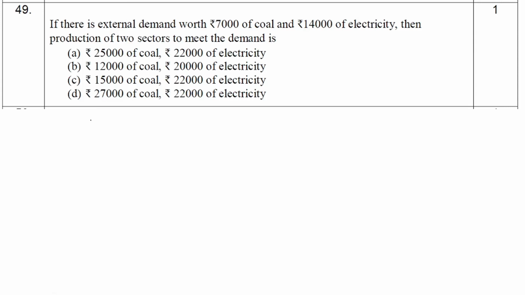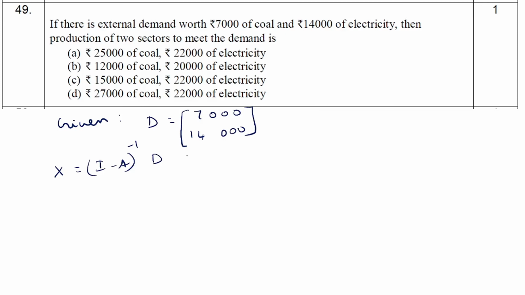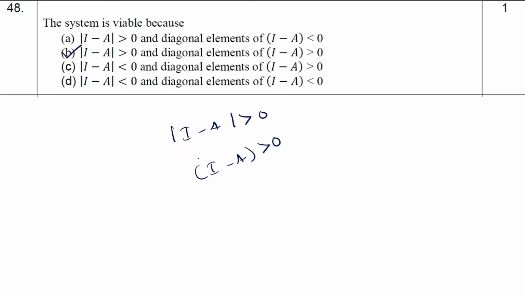Here D is equal to 7,000 and 14,000. Now we need to find X. We know X is equal to (I minus A) the whole inverse into D. We just now calculated (I minus A) the whole inverse.